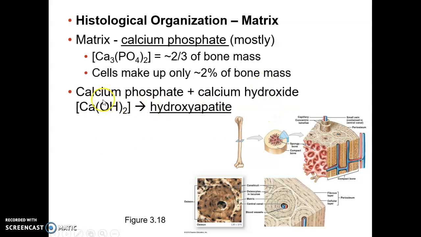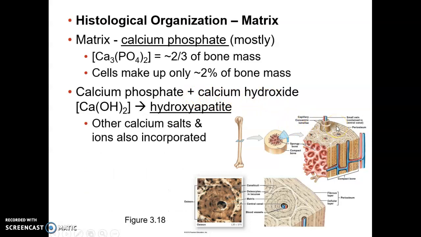And then, as the textbook mentions, calcium phosphate combined with calcium hydroxide makes another solid bone matrix material called hydroxyapatite. So just be familiar with these two terms. Hydroxyapatite and calcium phosphate are the two minerals that store calcium ion in bone. There's other calcium salts and ions that are also incorporated, but focus on calcium and these two solid mineral forms of calcium, calcium phosphate and hydroxyapatite.